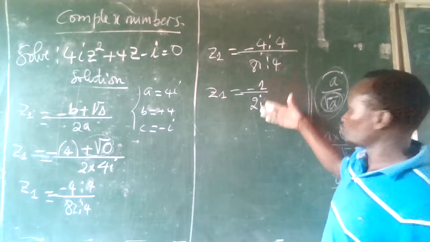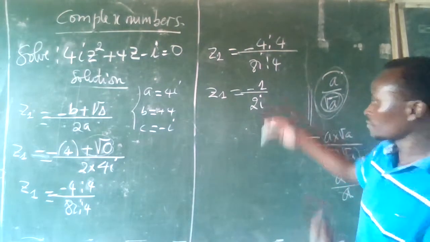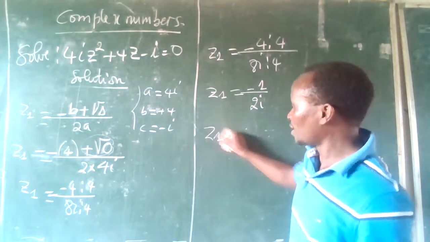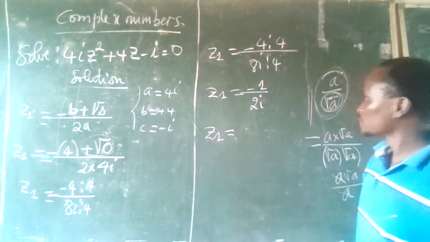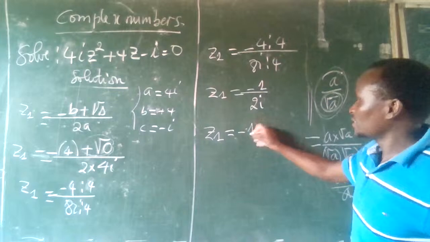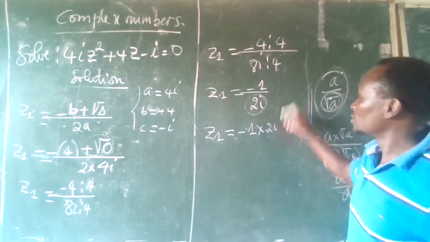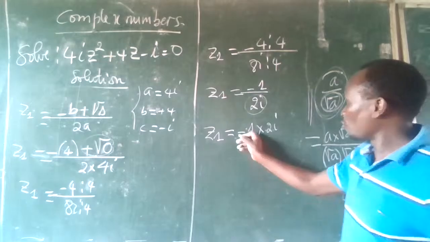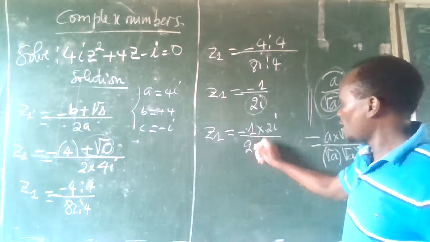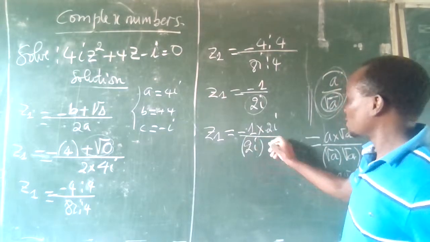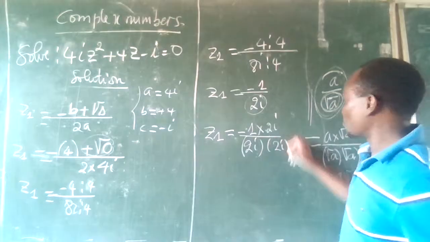Now, it is what you are going to apply here at this equation. We really have Z1, which is minus 1 times this term, 2i over 2i times also this 2i.